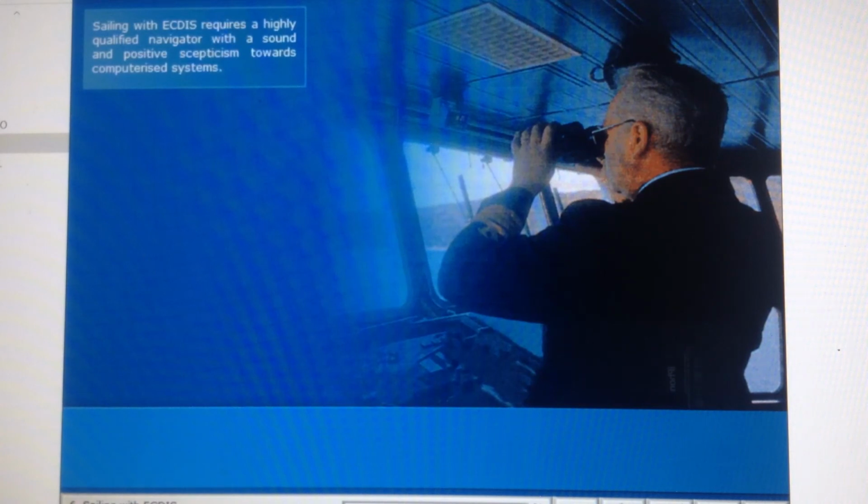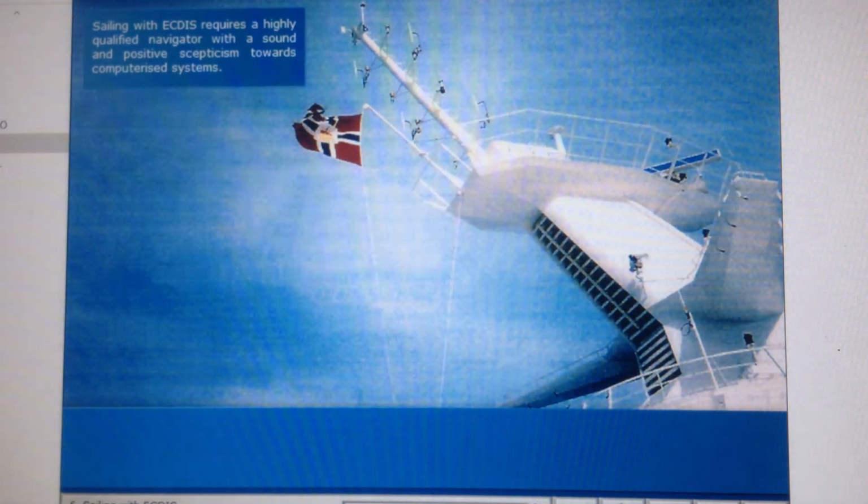Sailing with ECDIS requires a highly qualified navigator with a sound and positive skepticism towards computerized systems. ECDIS systems used by unqualified or untrained navigators who believe everything presented by the ECDIS will surely cause a number of groundings in the future.